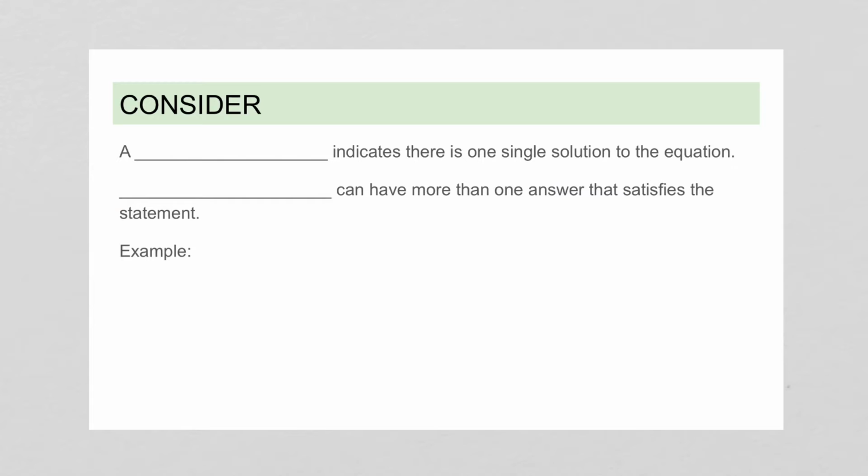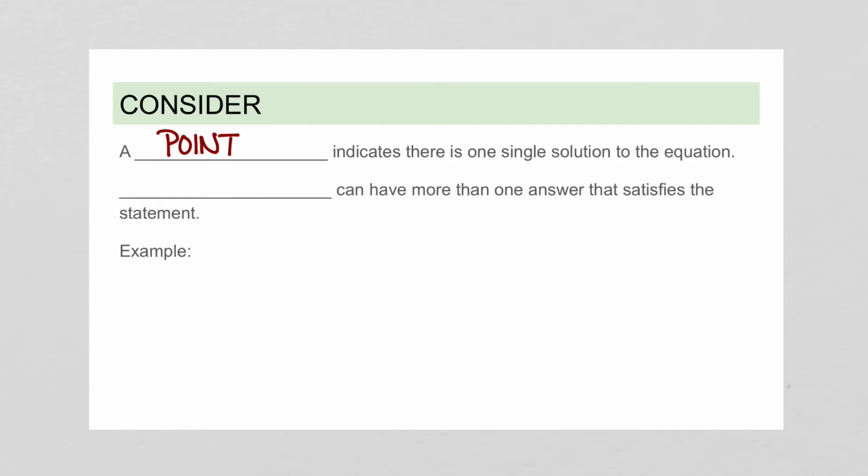So let's consider that, let's write that down, a point indicates that there is one single solution to an equation. We just did that where we dotted it on there.